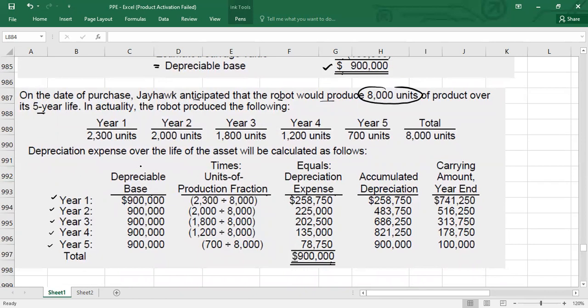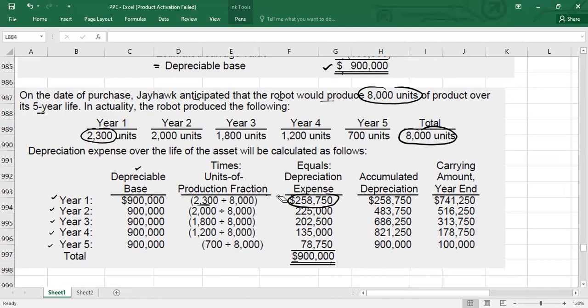We will write the depreciable base first, which is 900,000, equal to cost minus residual value, times the actual production of year one, which is 2,300, divided by total production, which is 8,000. If I multiply this fraction with the depreciable base, I will get the depreciation expense in the first year.